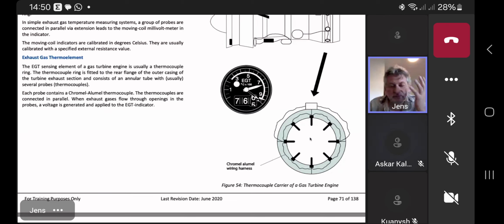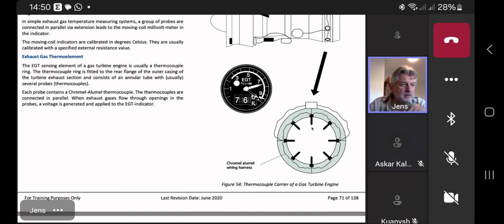You have three options: you can put all those in series, you can put them in parallel, or you have a bridge circuit. And of course it makes sense, since they are quite sensitive, that you put them in parallel. I think you agree. Because if you would put them in series and one fails, you have no signal to the junction box. Keep in mind, please, that the circuit which is used is in parallel for the thermocouples.